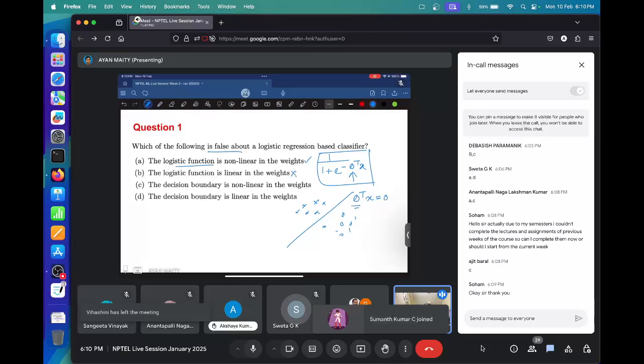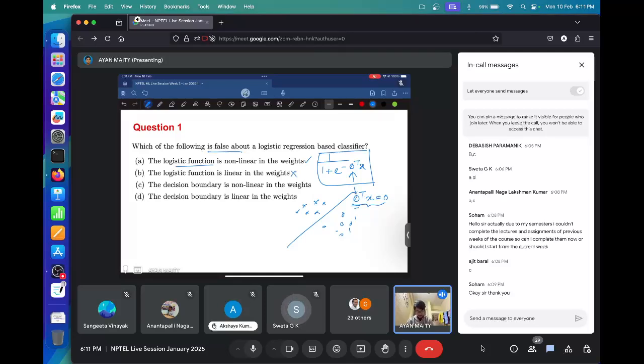Once we find these theta parameters, the decision boundary is given by theta transpose x equals 0. This is the straight line that defines the decision boundary, so it is certainly linear in the weights theta.